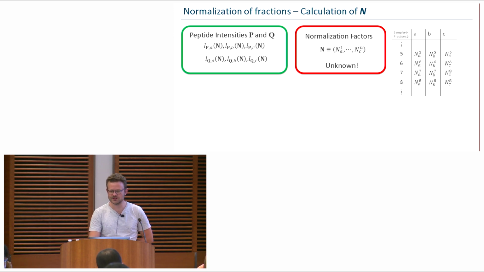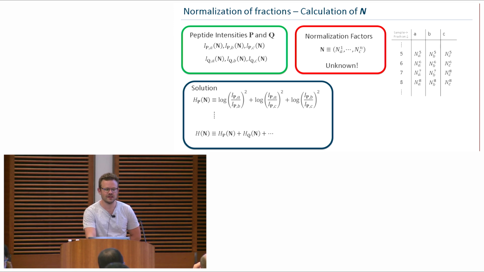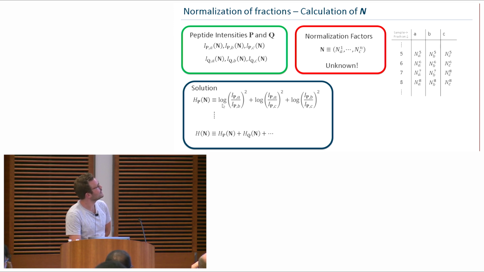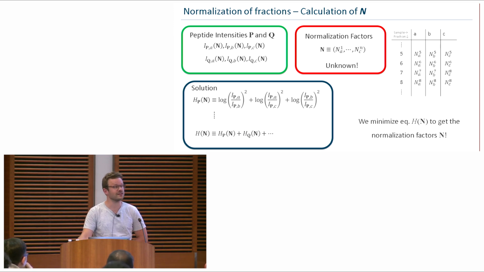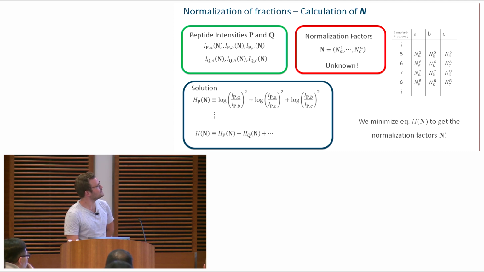And the solution is that a function is defined which depends on these normalization factors and which takes the squared logarithms of the ratios between the peptides in the different samples. All these functions are summed up for all the peptides that were matched, and then this is minimized. So what does it mean?